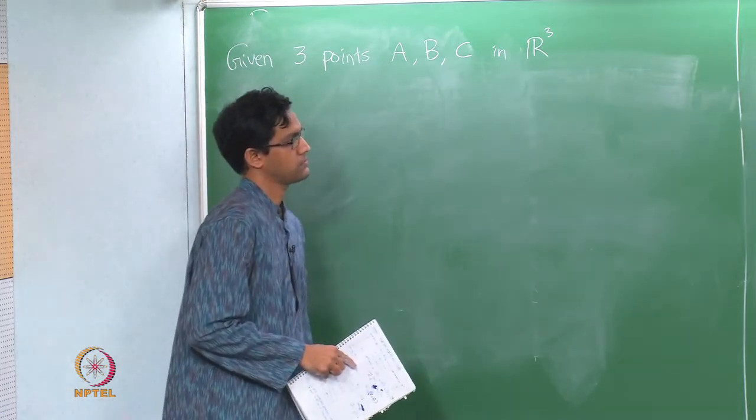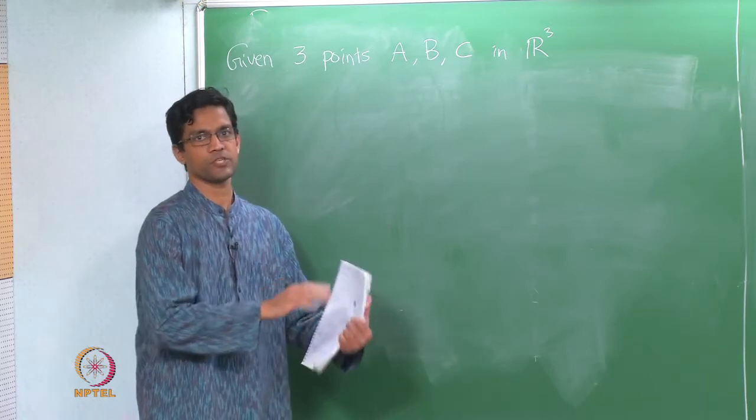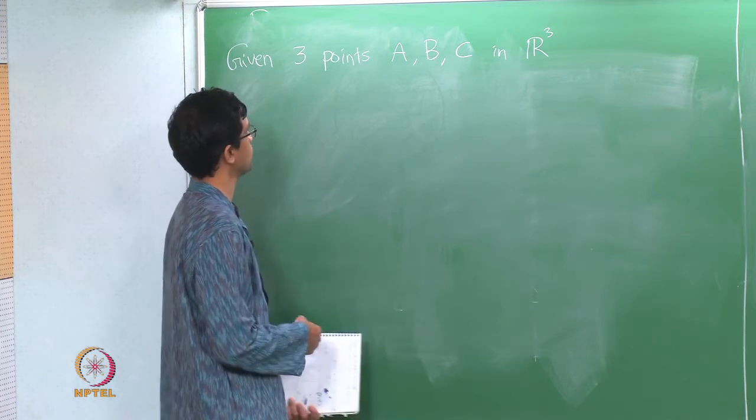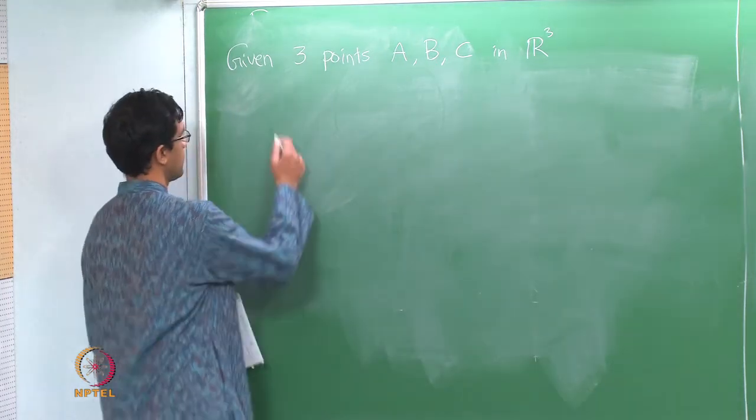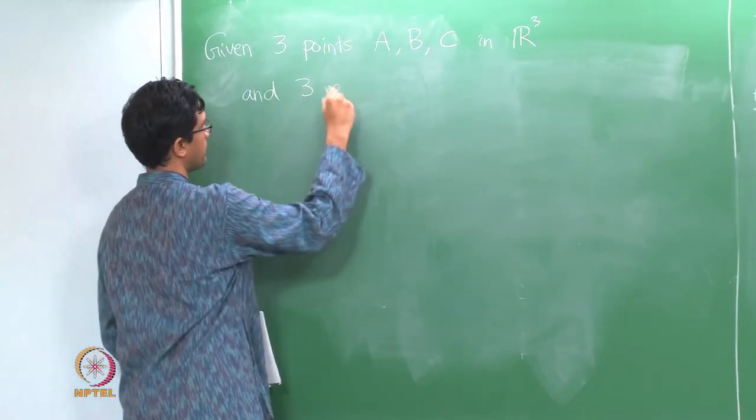Well, I might want some restrictions. I want them to be sufficiently independent in some sense, but let us not worry too much about these things right now. So given 3 points in R3 and 3 real numbers.